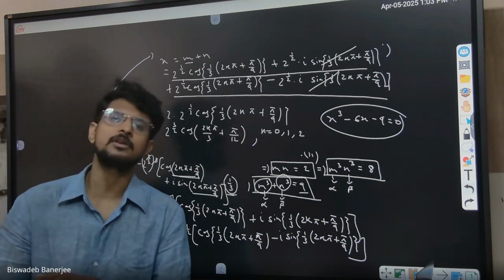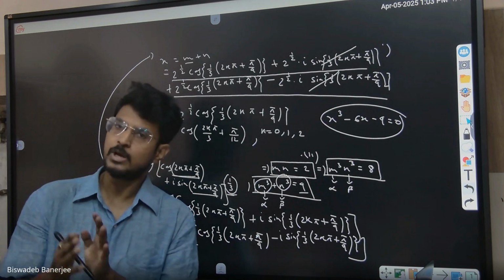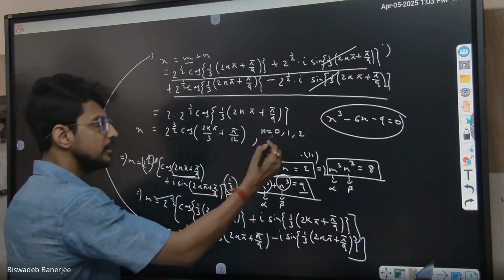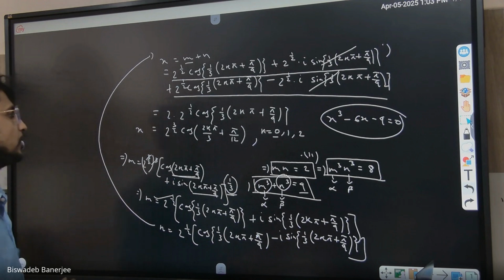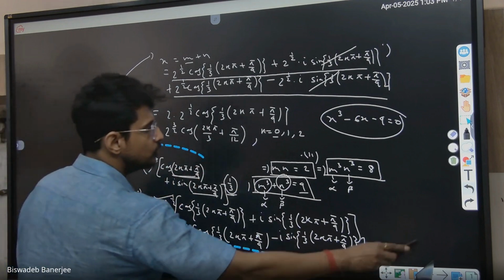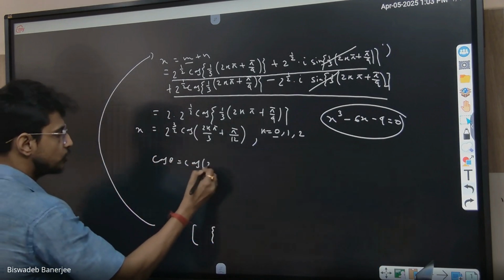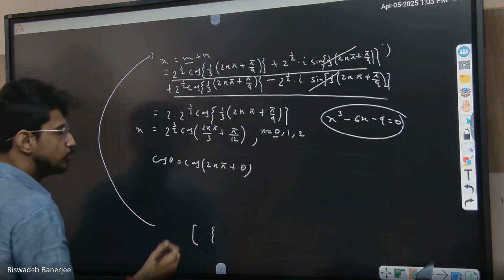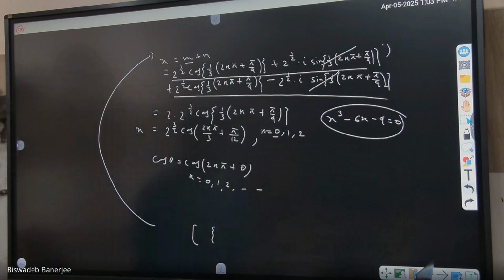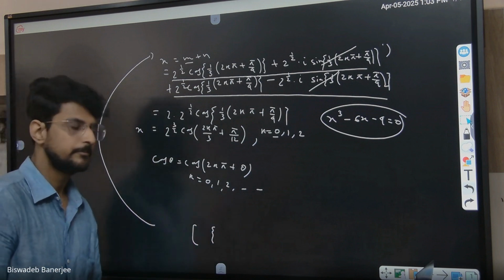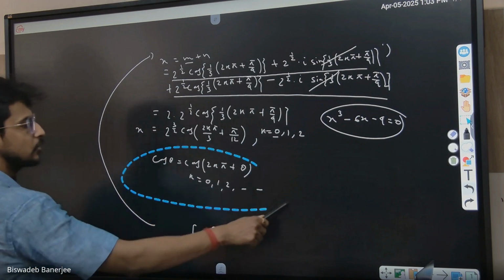For the sake of simplicity, we always take k as a positive integer, but 0 is also an integer. Whenever we discuss this theory, cos theta equals cos of 2k pi plus theta, we assume k will be 0, 1, 2, and so on. We have discussed this in our complex number chapter. Just go through my class copy and you can easily understand this concept.